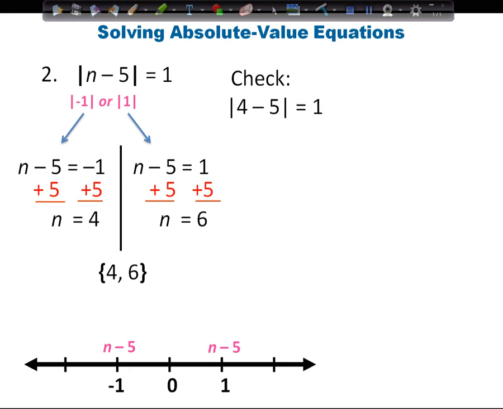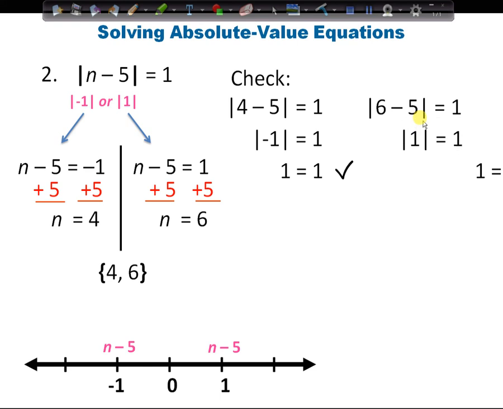We're going to plug in 4 for n into the original problem up here. 4 minus 5 is negative 1, and the absolute value of negative 1 is 1, and 1 equals 1, so that checks out. Over here, we're going to plug in a 6 for our n. So we have 6 minus 5, which equals positive 1, and the absolute value of positive 1 is positive 1. So 1 equals 1, and that checks out as well.